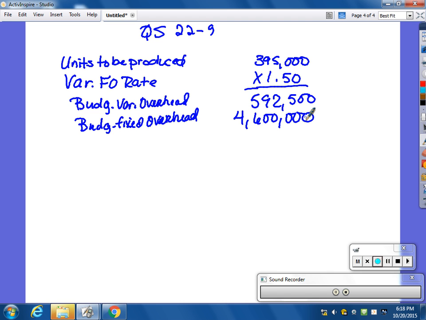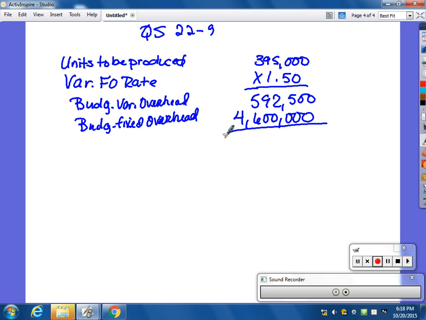What am I doing, adding, subtracting this? Adding, we're adding in fixed cost and variable cost. Okay, what the total is.